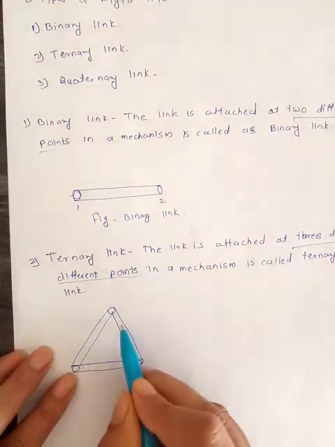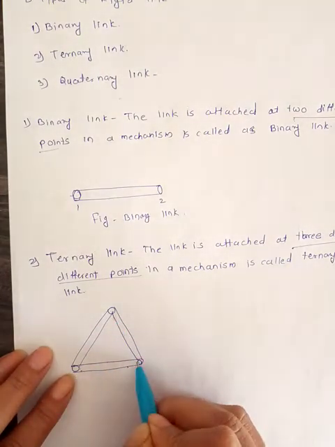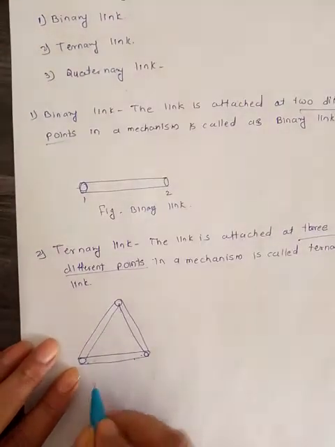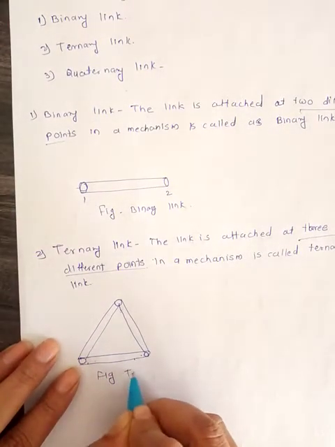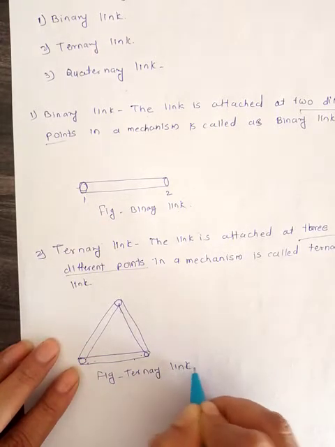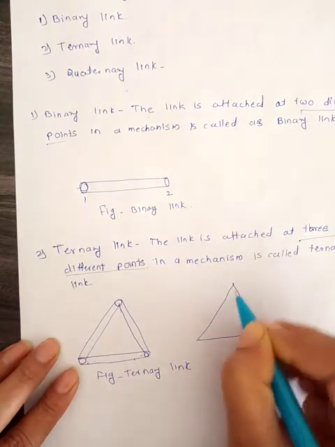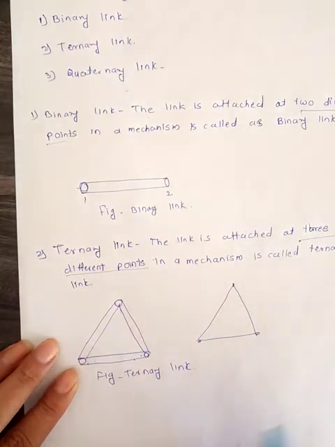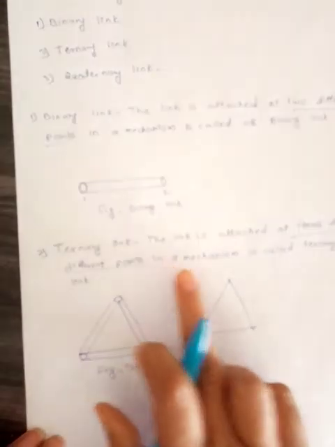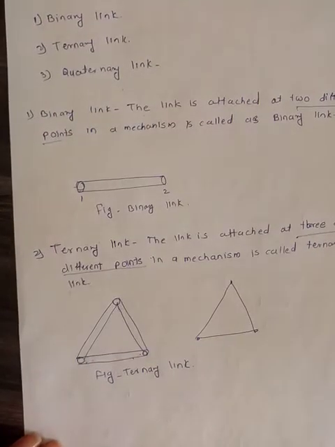So it is called a tertiary link. Draw this diagram as it is. A link attached at three different points in a mechanism is called a tertiary link.